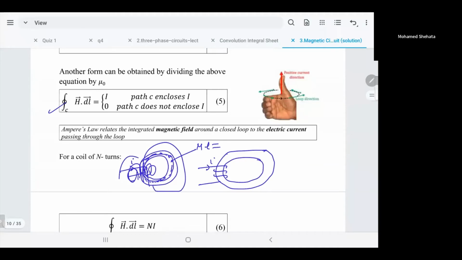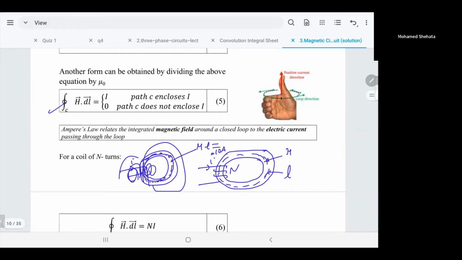So HL is equal to sigma I. In the same path that you want to calculate H, you want to calculate H along this path, and the length of this dotted circle is L. So we say H times L is equal to the current. Here, let's say I is equal to 10 amps, but you have 3 turns. Every turn produces magnetic field intensity.